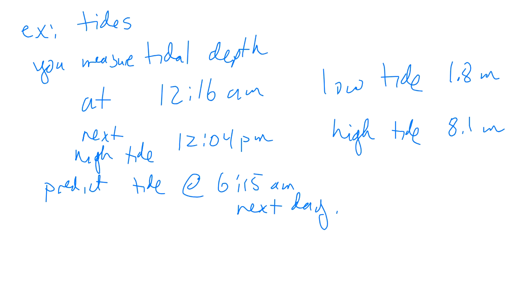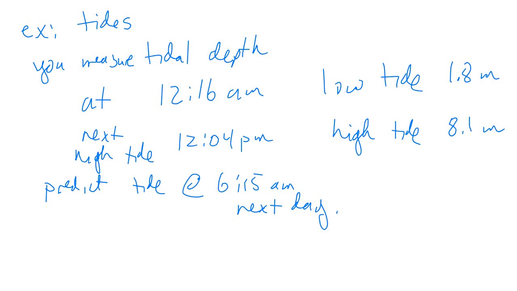So what we've been given is, let's measure time in minutes. So at 16 minutes past midnight, we'll call that t equals 16. We have a height of 1.8. Next, we need to determine what time is 12:04 p.m. Well, it's 12 hours past midnight. That's 720 minutes, and then 4 more minutes.